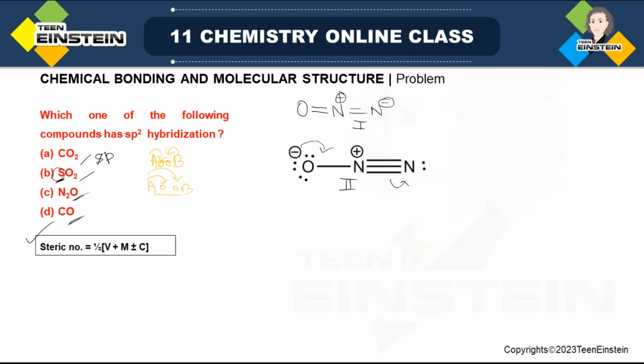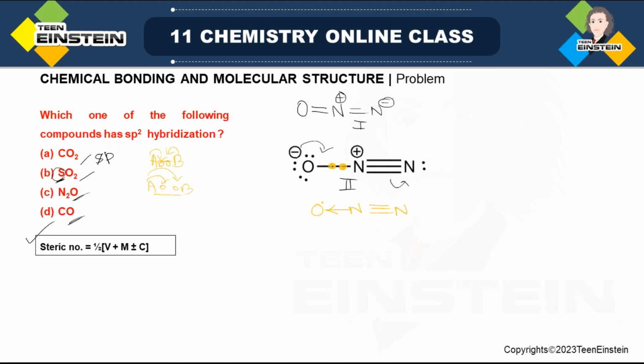So in this case, if you consider the middle nitrogen, on the left hand side the bond between oxygen and nitrogen, that single bond that you are seeing, both these electrons are donated by the nitrogen. That is why you can also draw the structure like this with this type of arrow.